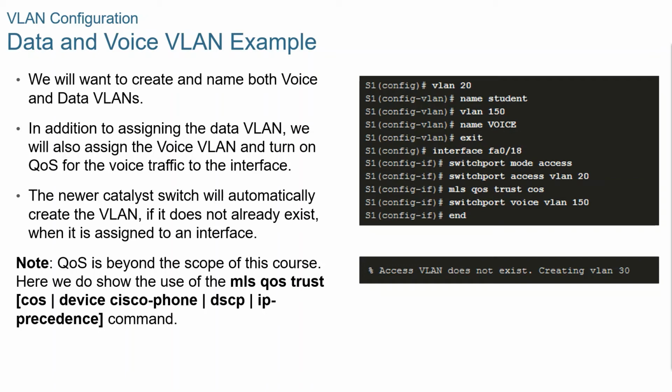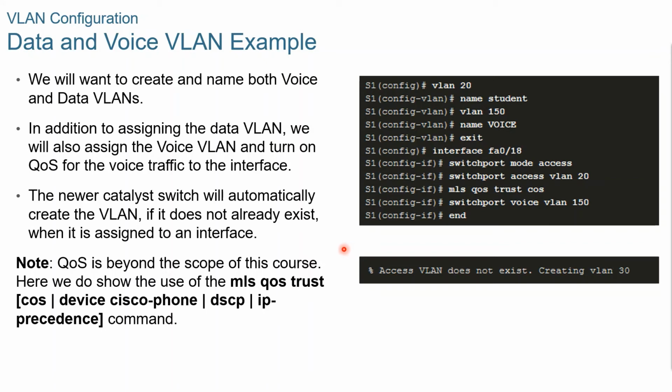Now, take note that the implementation of QoS is beyond the scope of this course. You'll be encountering QoS when you reach the final module of the CCNA. Now, the switchport access vlan command forces the creation of a VLAN if it does not already exist on the switch. For example, VLAN 30 is not present in the show vlan brief output of the switch.